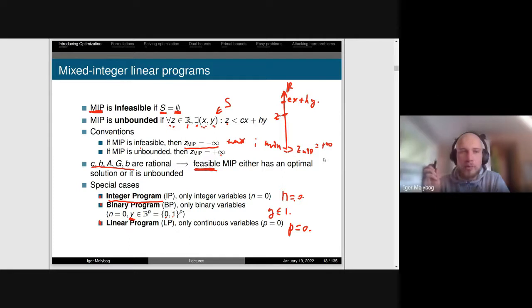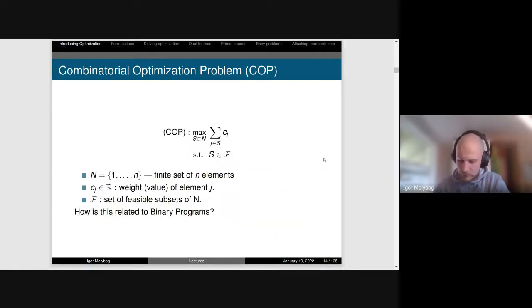What are the other options? What's the possibility if we see that any optimization problem is feasible? What are the other options except for having an optimal solution or being unbounded? Can you think of any? This is actually a great question. I just have to say that this is really deep.